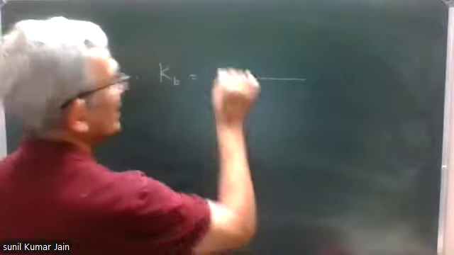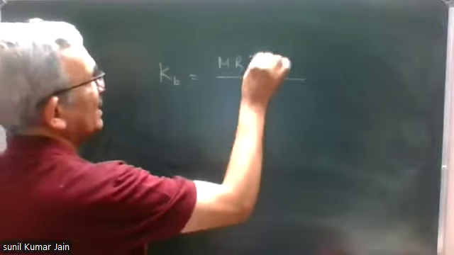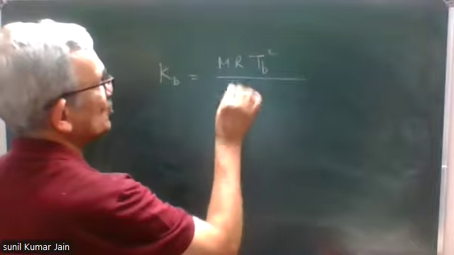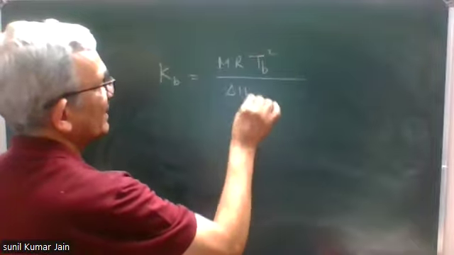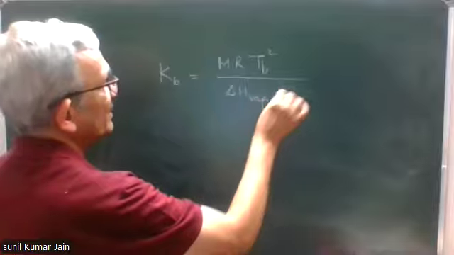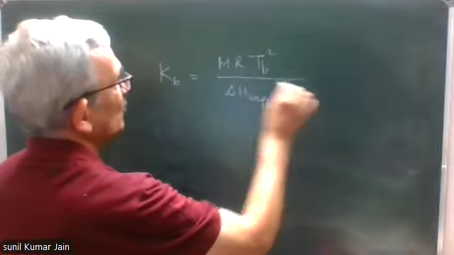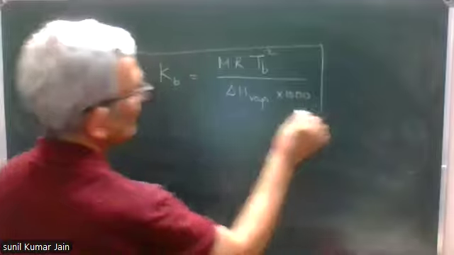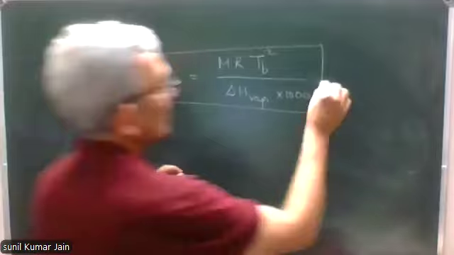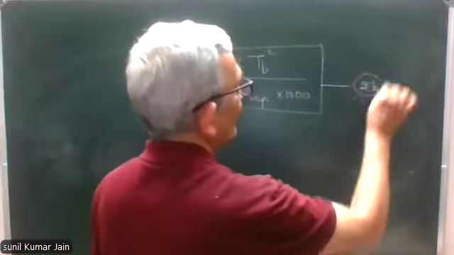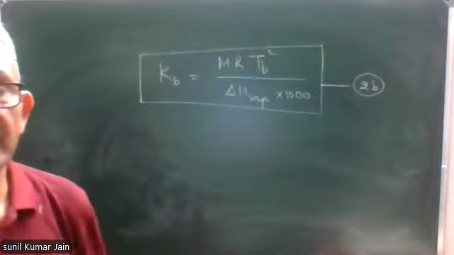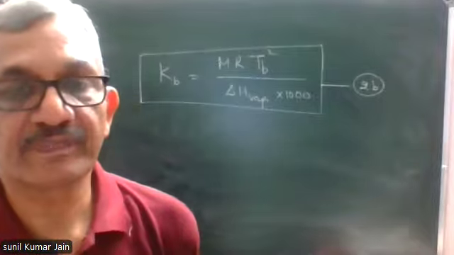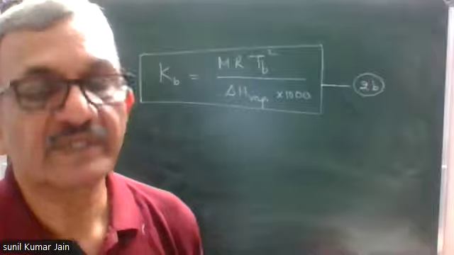Kb is equal to MR Tb squared divided by delta H vap into 1000. Equation number 2b. I'll label it.